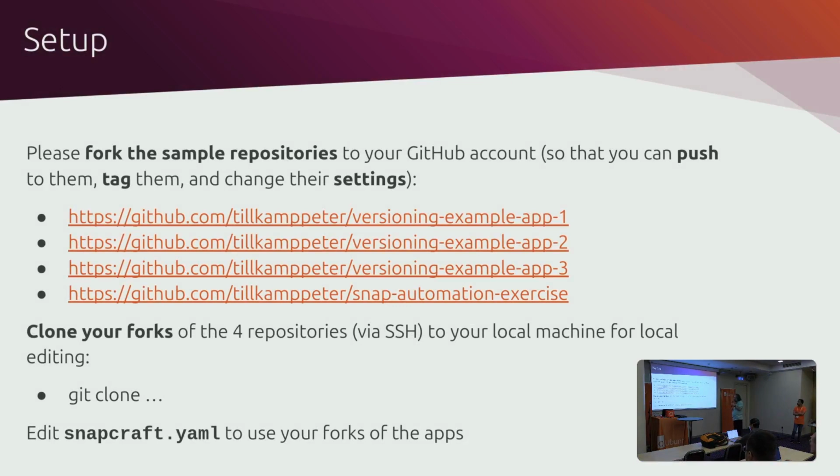Of each of the first 3, of all the 4, you will have to fork them so that you have your own copy in your own GitHub account. Please do that if you did not do it yet, because you need your own copy, as you have to be able to push into them.